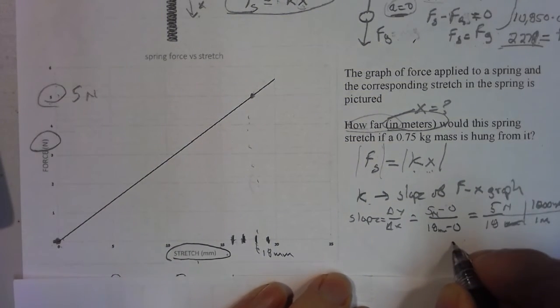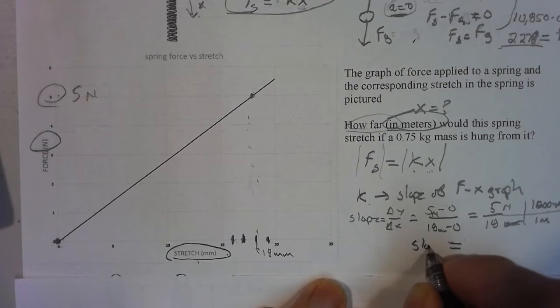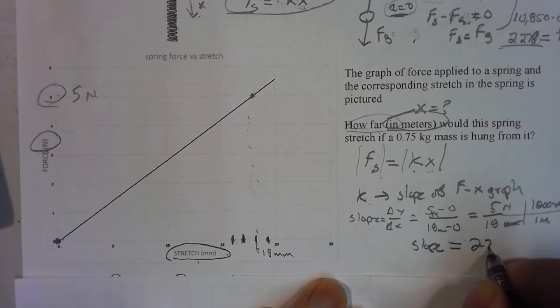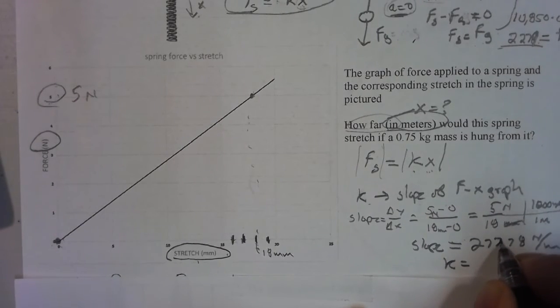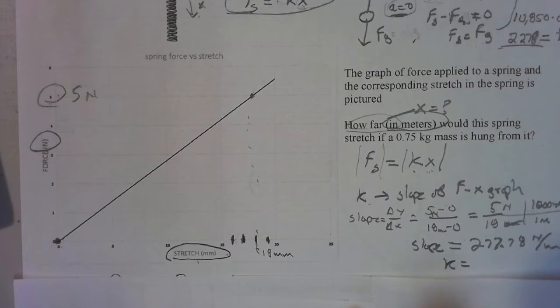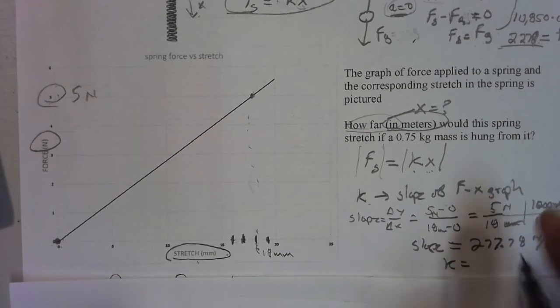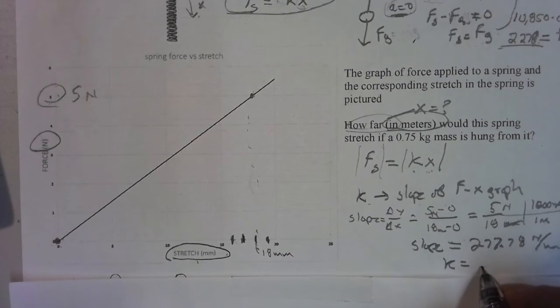So my slope equals 277.78 newtons per meter. So that's what my K is. K equals that. And now I can do the math to find X.